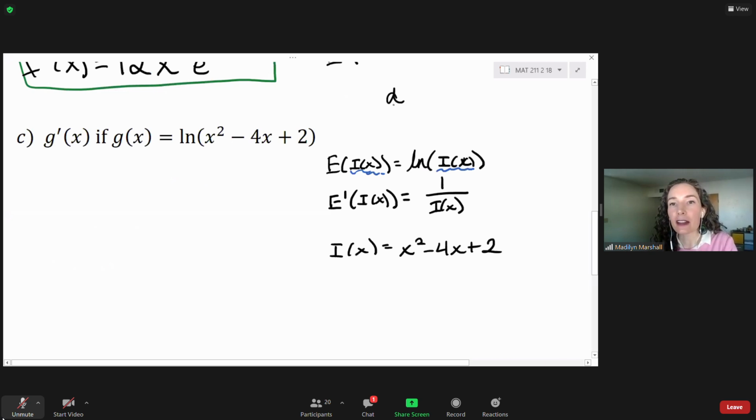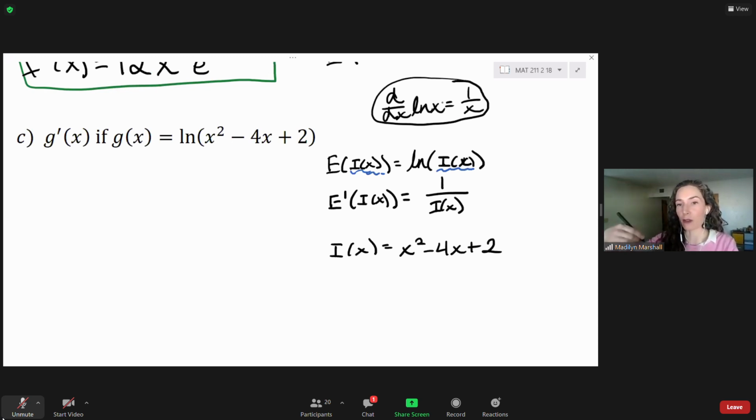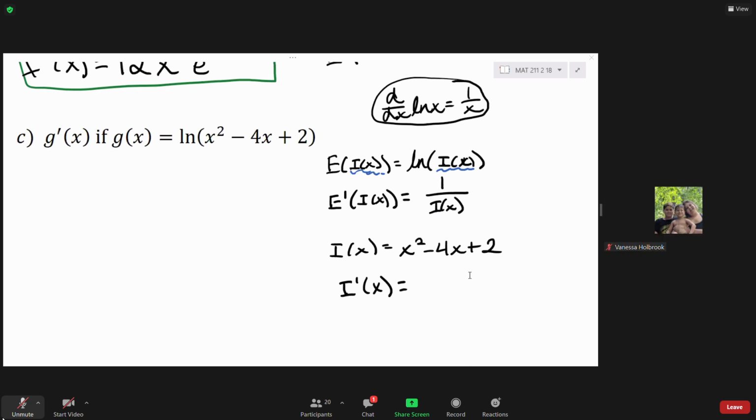So the derivative of natural log is 1 over x. Here our inside of the natural log is I of x, so the derivative of the natural log is 1 over that thing. Two x minus 4, exactly.